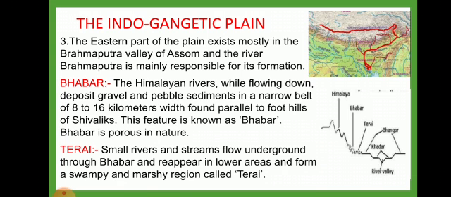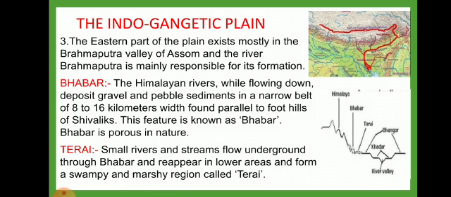Do you know what the Brahmaputra river is named as? Brahmaputra is called the river of sorrow, as there are floods which cause destruction to human life and property. That's why it is called the river of sorrow.